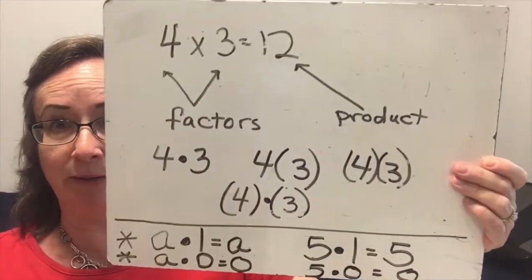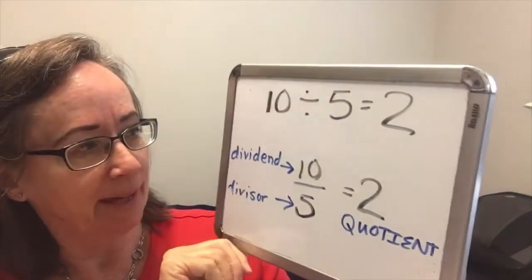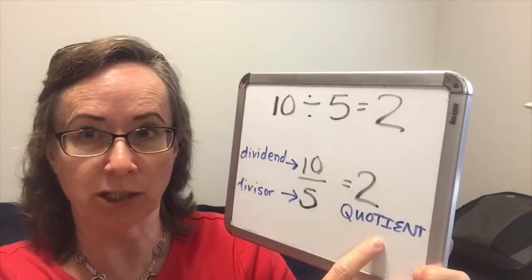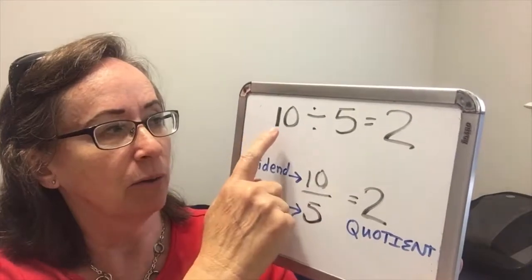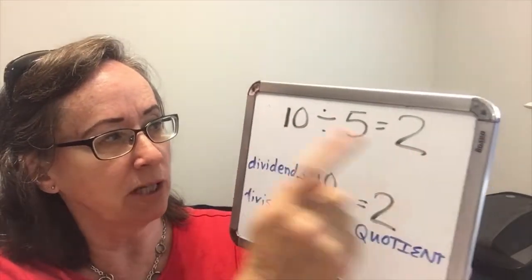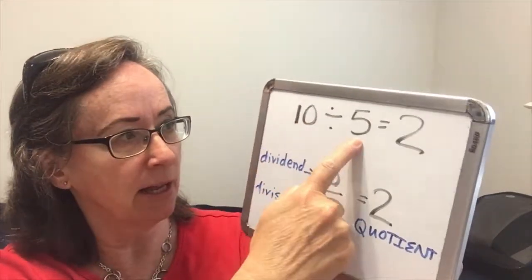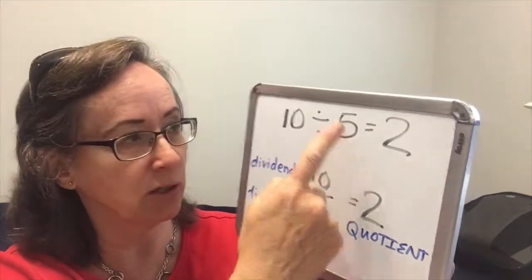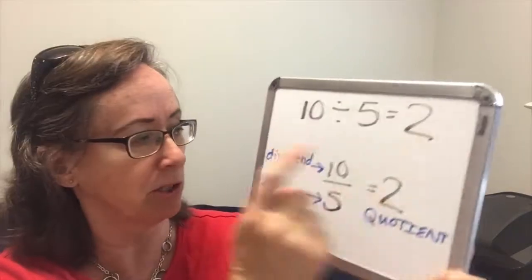And now we're going to come back with division. The terms of division are dividend, divisor, and quotient is the answer. So 10 divided by 5 equals 2. 10 is the dividend. 5 is the divisor. What you're dividing by is the divisor. And then 2 is the quotient.